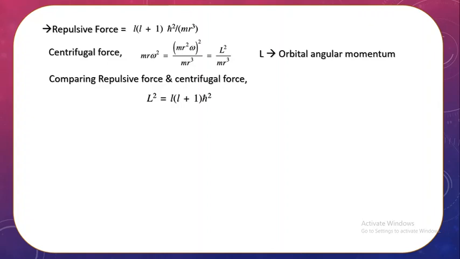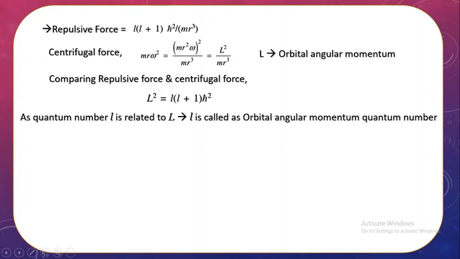If you rearrange, you get capital L equals square root of l into l plus 1 into h cross. Generally, we just say capital L equals l into h cross, but the precise value of orbital angular momentum in terms of the quantum number small l is square root of l into l plus 1 into h cross. Based on this, we can explain what actually small l is.